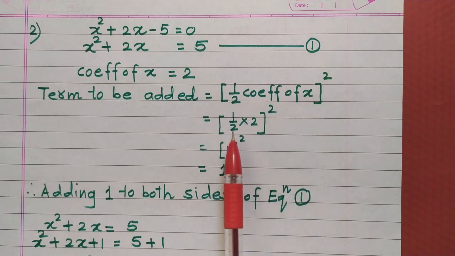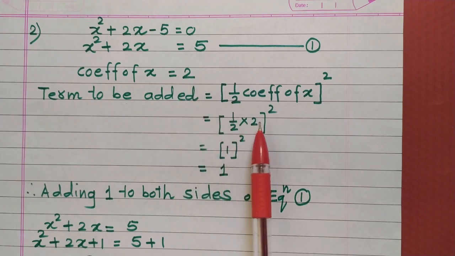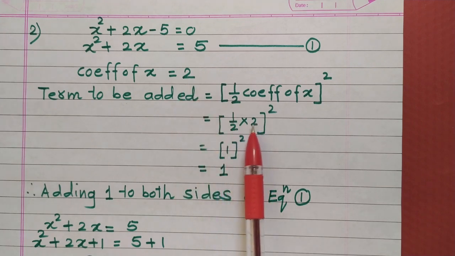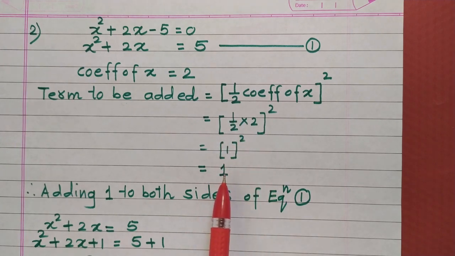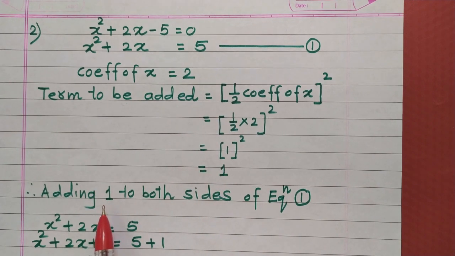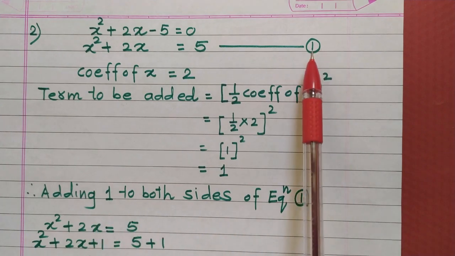So it will be half of 2, whole square. Half of 2, so the 2 will get cancelled, only 1 remains, so it will be 1 square. And what is the square of 1? 1. Therefore, we have to add 1 to both sides of equation 1.